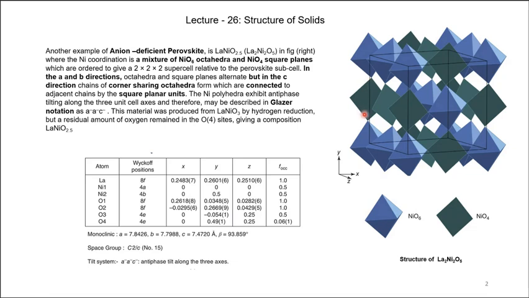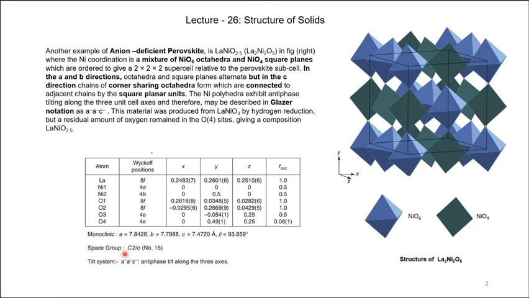Okay, so this is the drawing of the structure of lanthanum nickel oxide, and this is how the direction is shown here. And then we also mentioned what is the space group of these compounds.